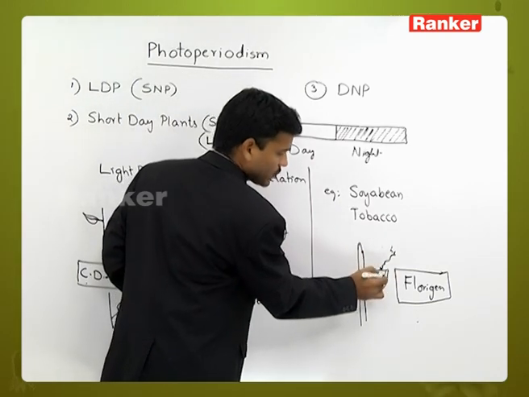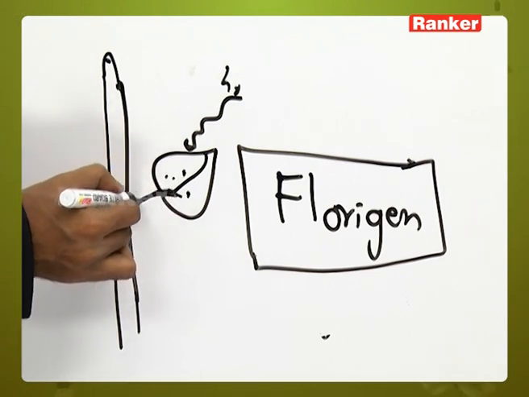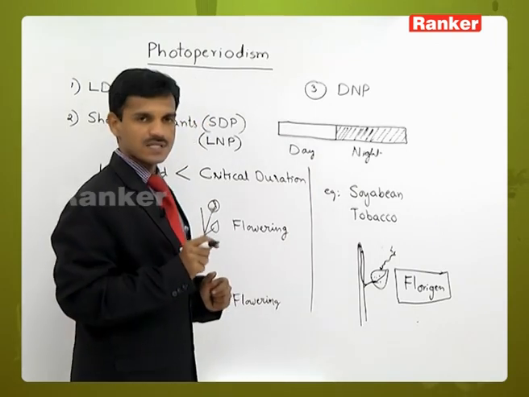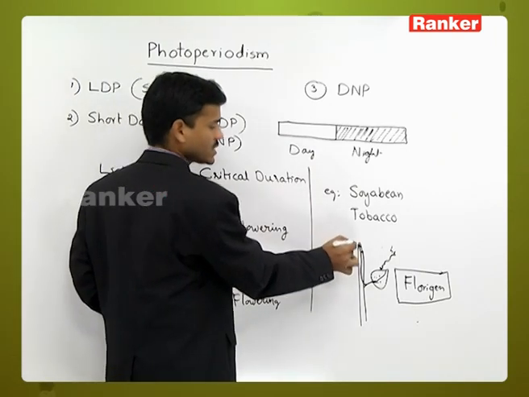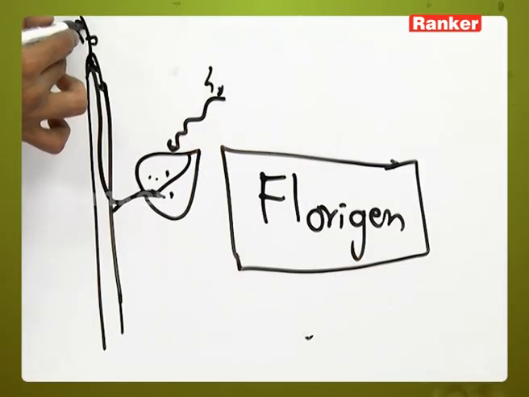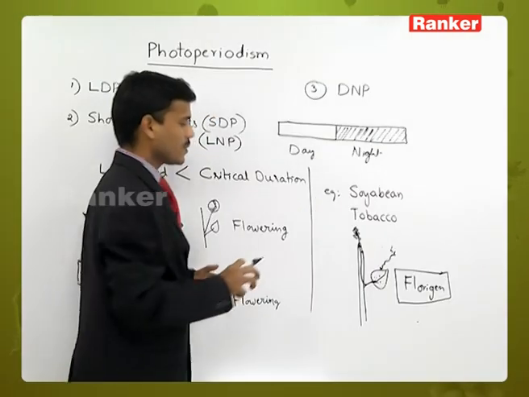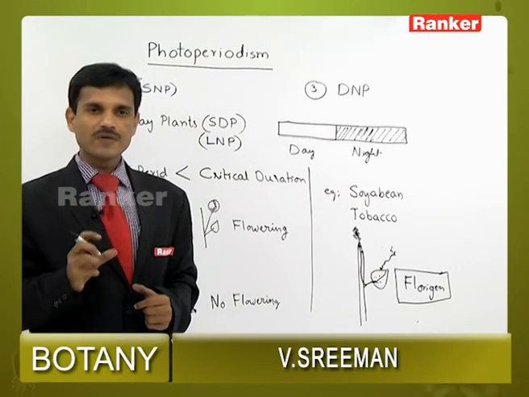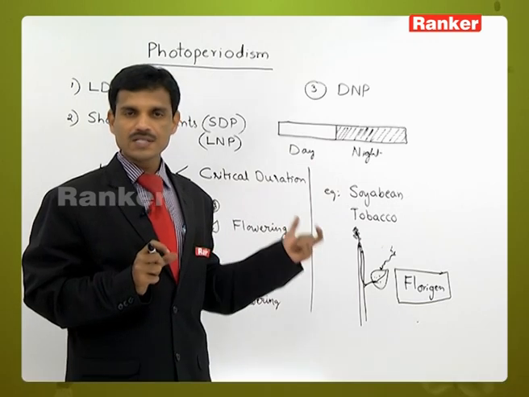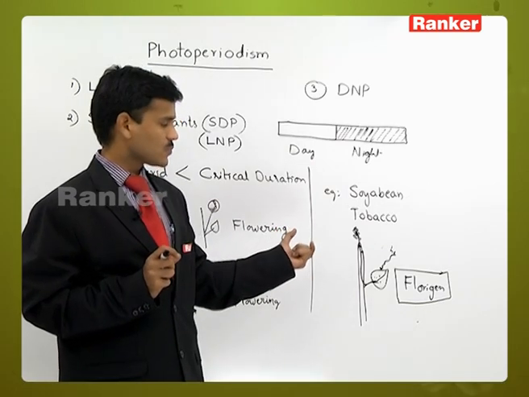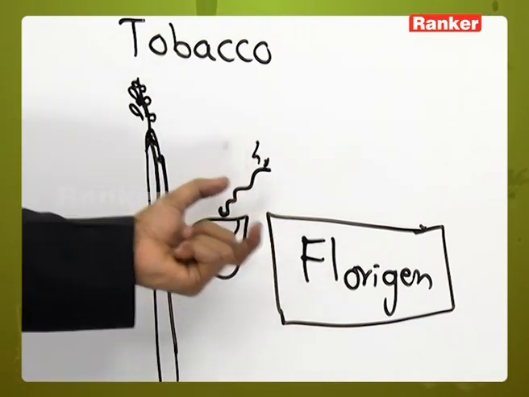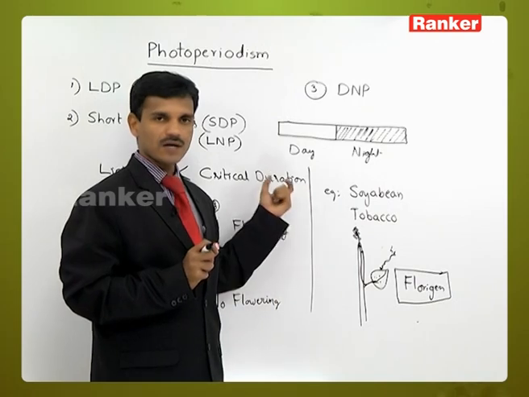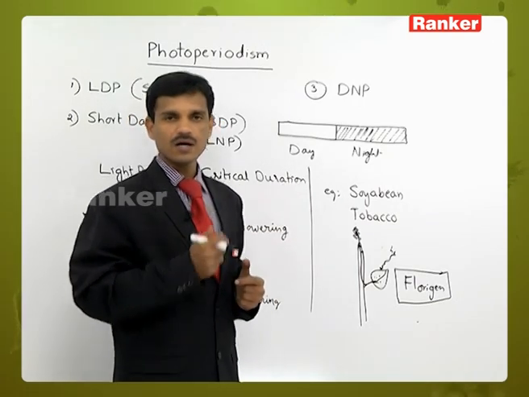The florigen hormone, the flower inducing hormone, is produced inside the leaves only, and it is transported from the leaf to the shoot apex, buds, or inflorescence axis. There it induces the flowering, the bud formation.